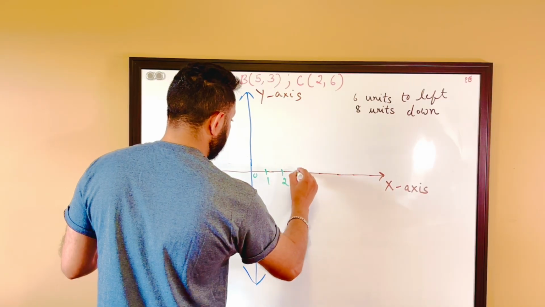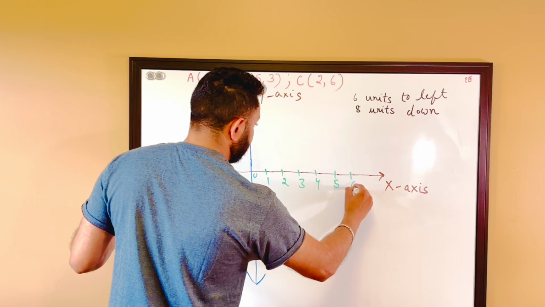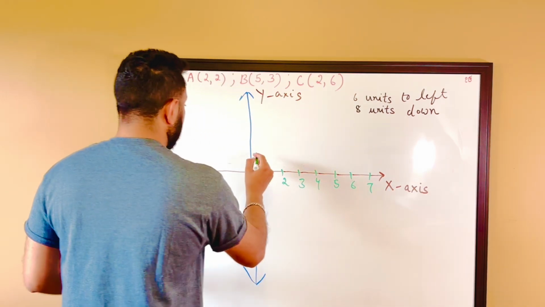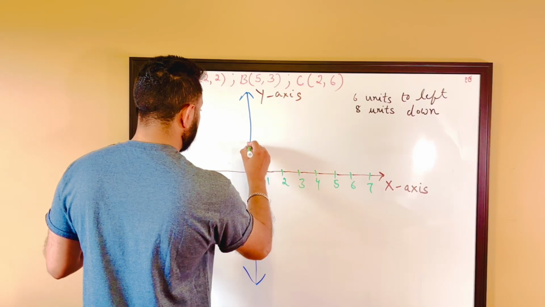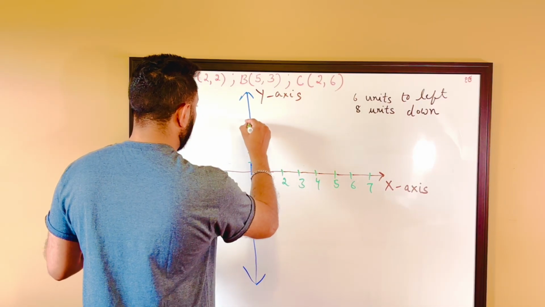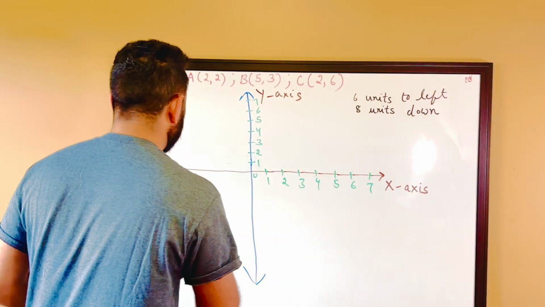So 0, 1, 2, 3, 4, 5, 6, 7, and on the y-axis this is 1, 2, 3, 4, 5, 6, 7 and so on up to infinity.